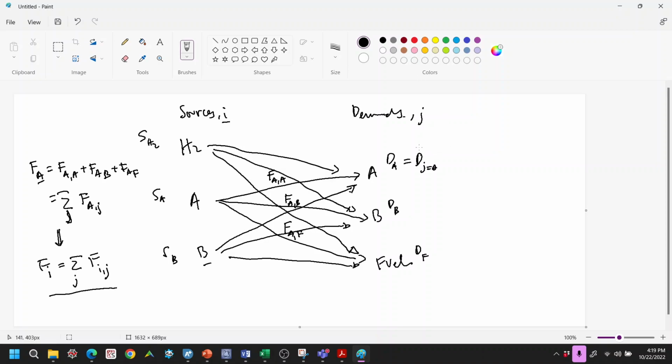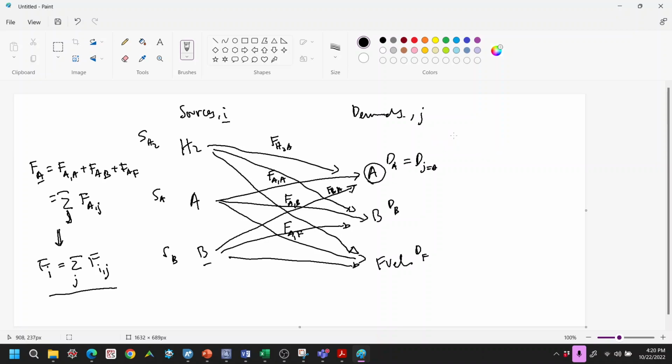And then the same goes with the demand. So for example, look at A. The streams that go to A come from the hydrogen, right? So this is F hydrogen A, and then this line as well, which is FAA, and then another line here, which is FBA, right?